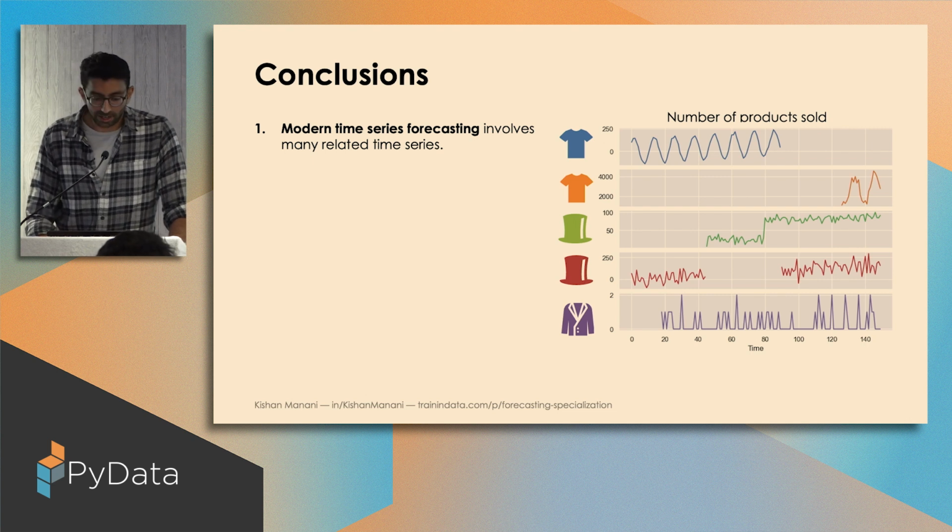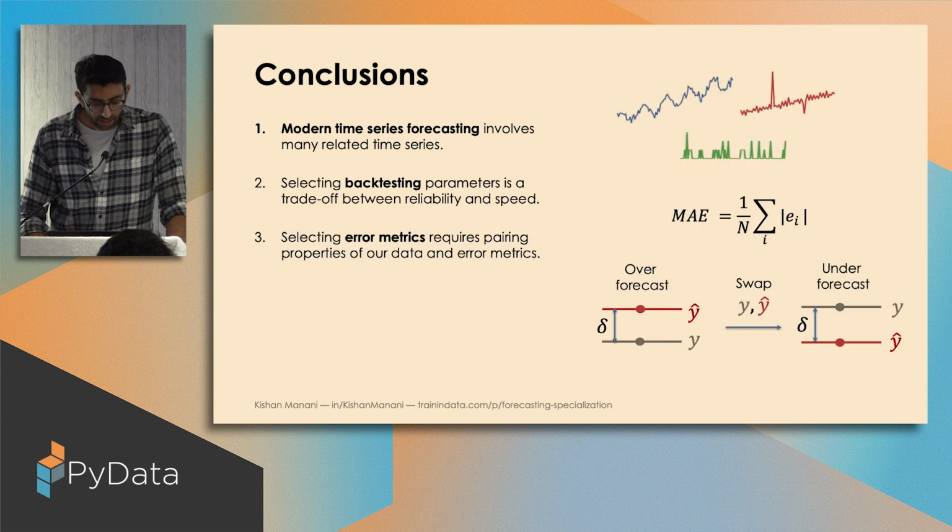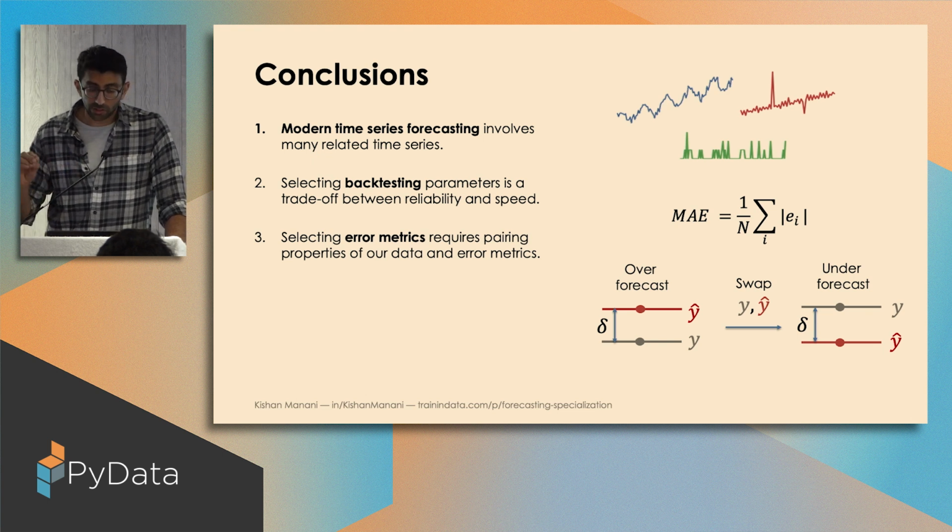So just to conclude, modern time series forecasting, as I define it, is when we are forecasting lots of related time series and we're using a global forecasting model to do so. Selecting the backtesting parameters is a trade-off between reliability and speed. Selecting our error metrics requires pairing the properties of our data and use case with those of error metrics, and error metrics aren't as terrifying when you realize there is a common structure that error metrics are built of.